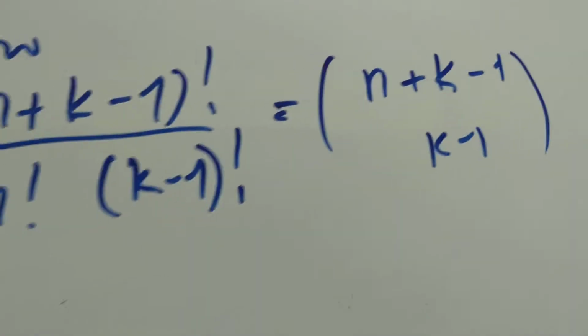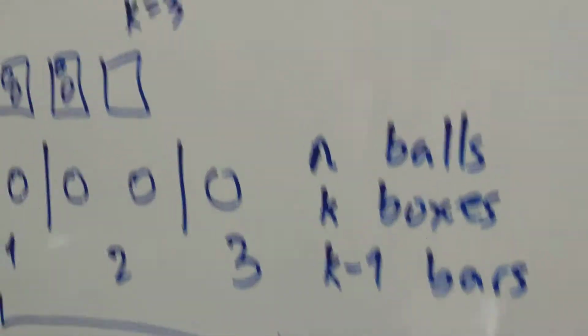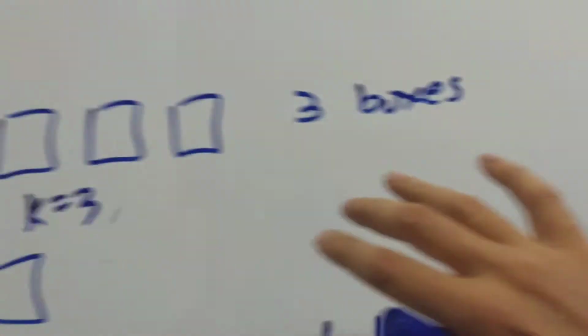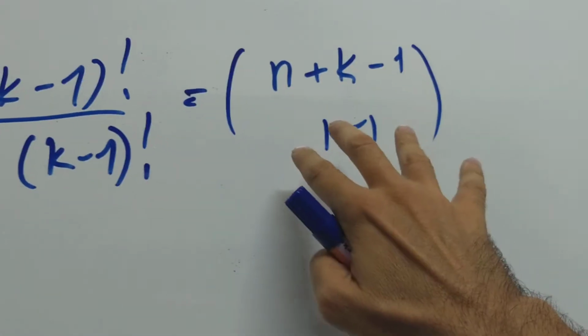Prove this. It's not hard to prove, you could do that. So I have that. Putting N balls into K boxes, how many ways to do that? If the balls are indistinguishable, it's this many ways.